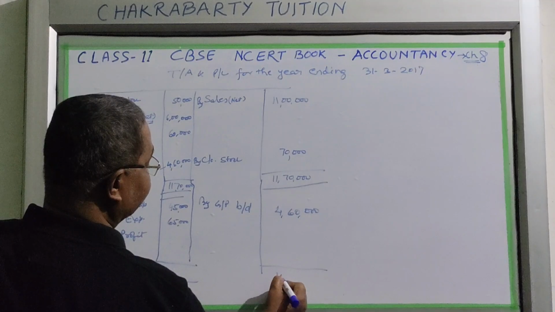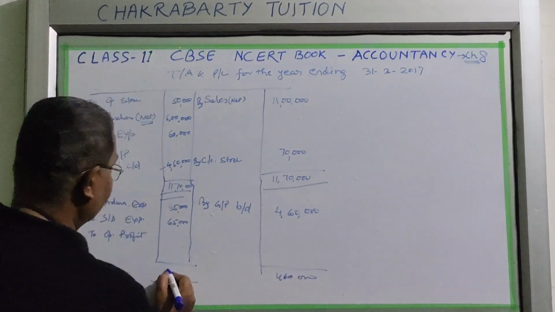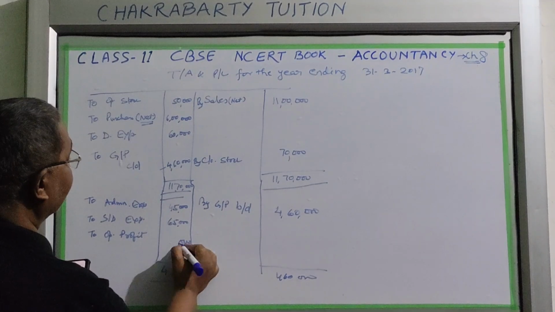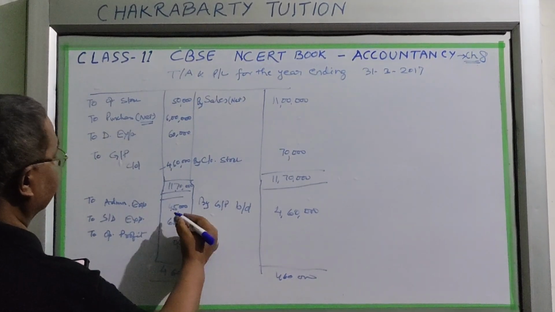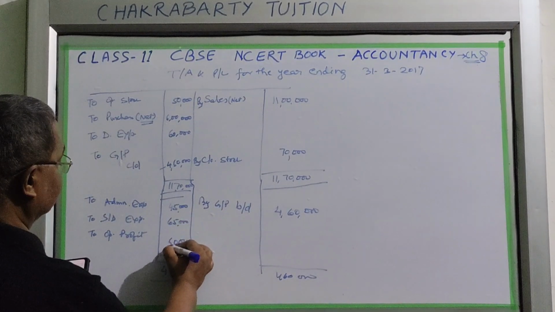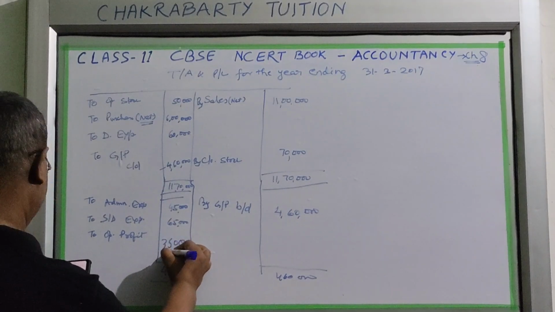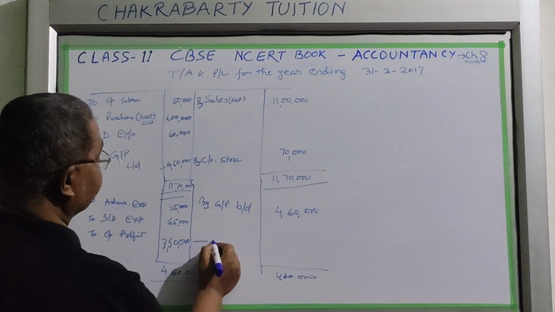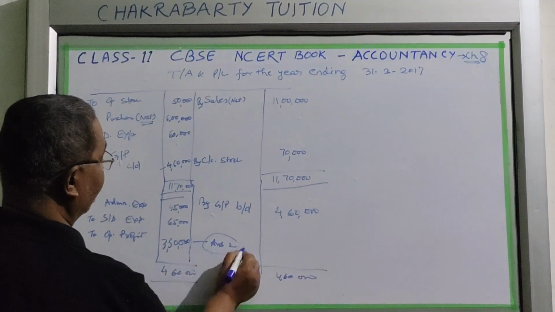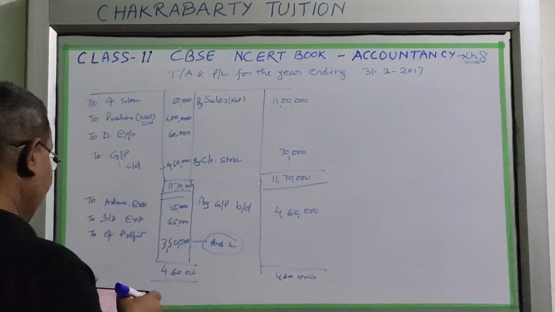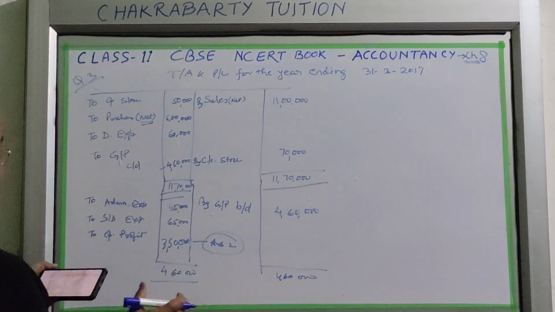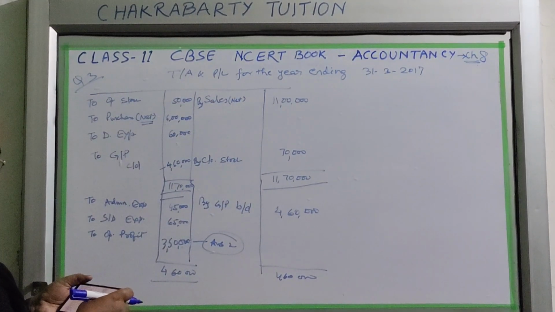So 460 is the total, so 460 will come here, and here 3,50,000. This is your answer number 2. So question number 3 is now over. Now we will go to question number 4.